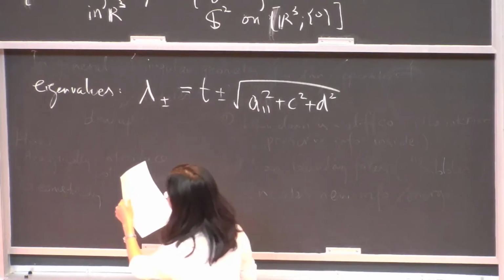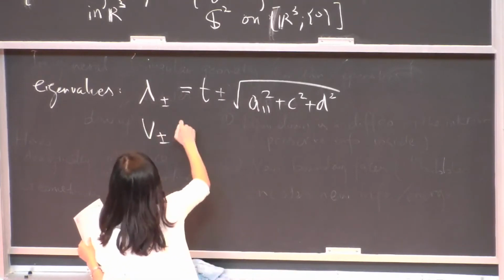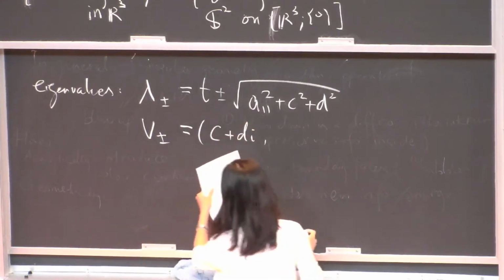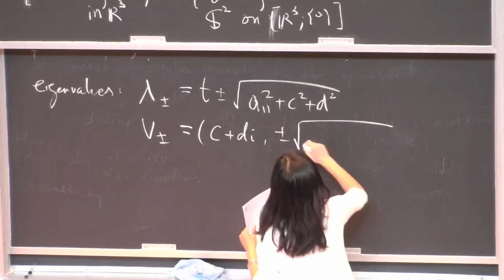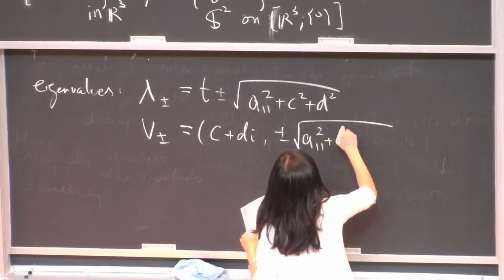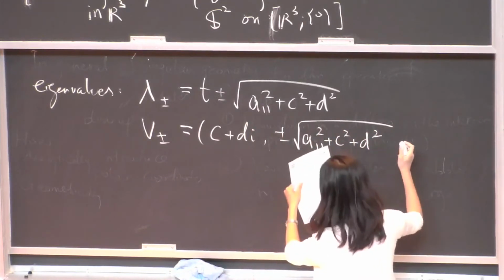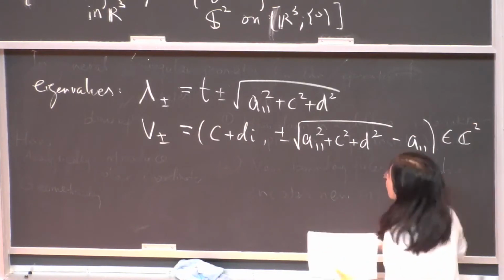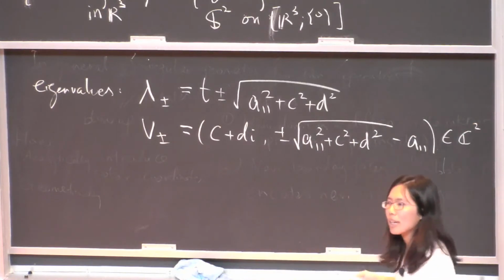And the eigenvectors corresponding to those two eigenvalues are given by (C plus Di, plus or minus the square root of A11 squared plus C squared plus D squared, minus A11). Those eigenvectors are in C^2, as expected.